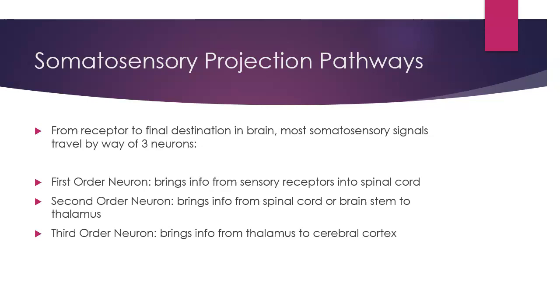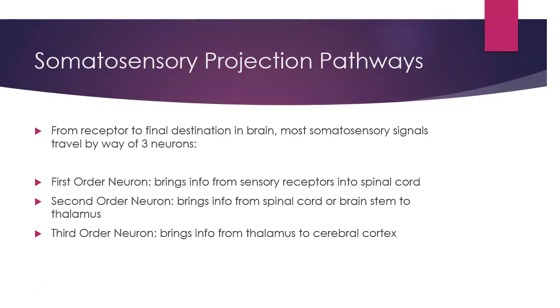Of course, we have a couple different somatosensory pathways, but that's the general rule. That's the general 3-step process for these somatosensory projection pathways, which we're going to talk about in a little more detail. And again, as we know, most of these sensory signals cross to the opposite side of the hemisphere, to the opposite side of the body.